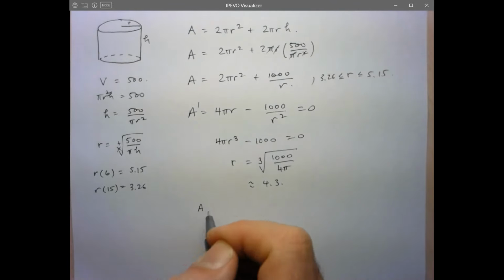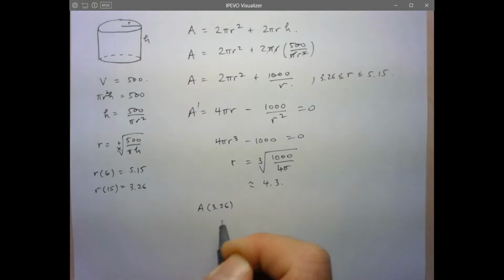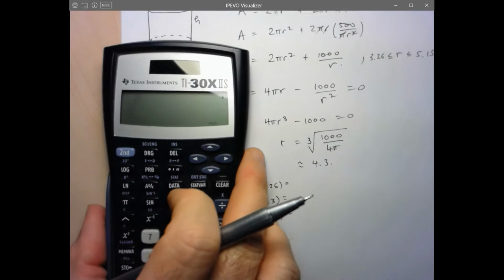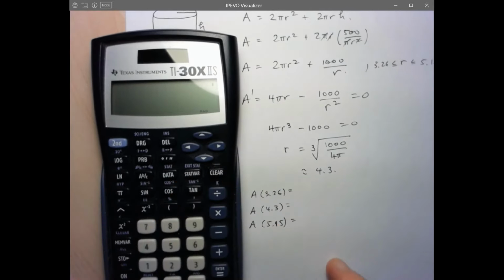So I'm just going to test A at 3.26, A at 4.3, the critical point, then A at 5.15, the other endpoint. And then here, let's see what we have. So we're going to stick it into our area equation.